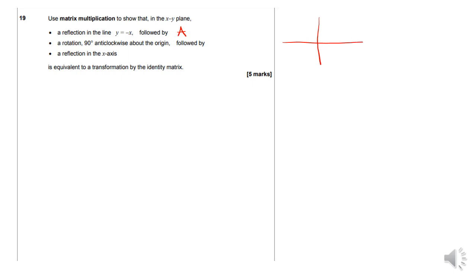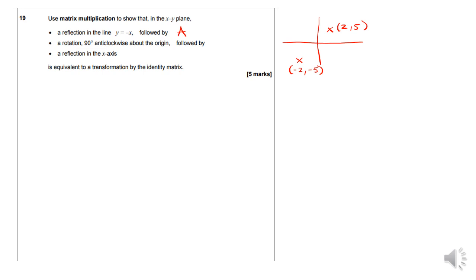Now, if you consider having a point, and I've picked one at random, the point with the coordinates 2, 5. If I reflected it in the line y is negative x, it would end up down here, wouldn't it? And it would end up being -2, -5, because that's where that reflection would occur.